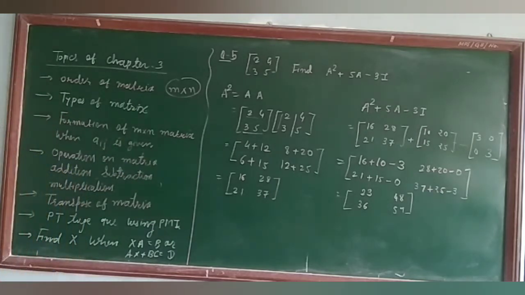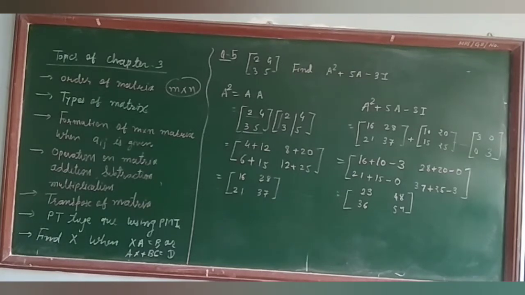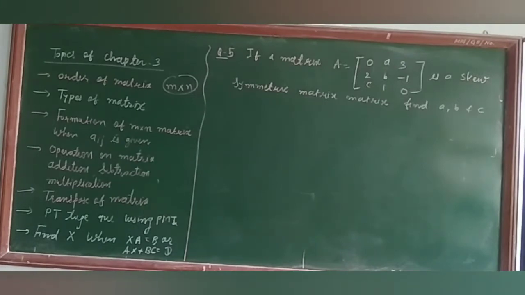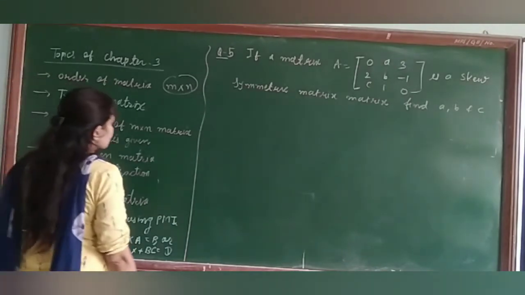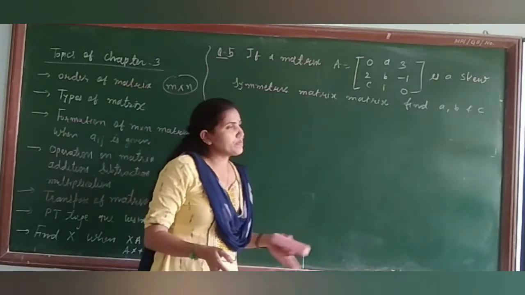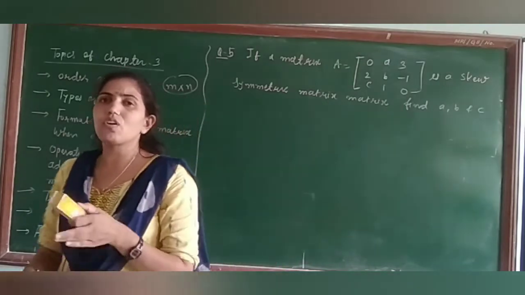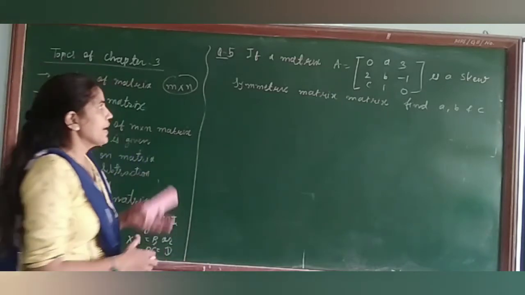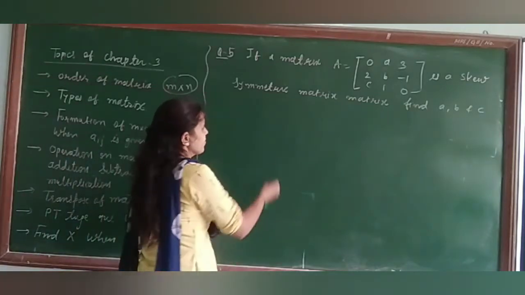Now the next equation we will see is based on the transpose of the matrix. So let me see how to do that question. The question is: A is a skew symmetric matrix, then find the value of A, B, C. Now students, you know what is symmetric?